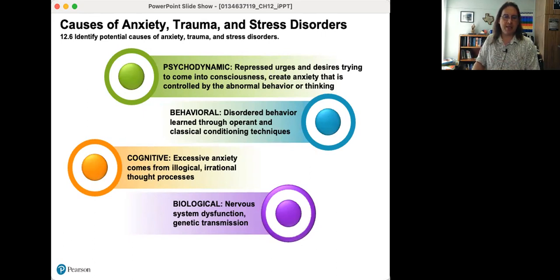The behavioral model looks at disorders as behavior learned through operant and classical conditioning techniques. So for example, if we have a fear of elevators, how do we overcome those elevator fears? Some people might be inclined to get into more elevators and reduce that fear, and use self-talk and reframe and rewire their thinking so that it isn't nearly as scary.